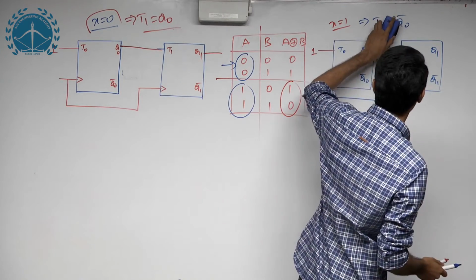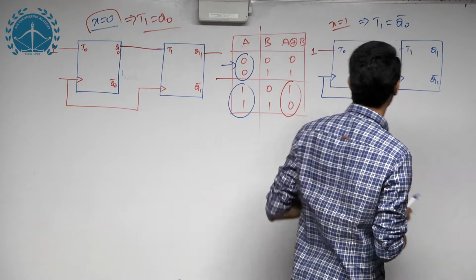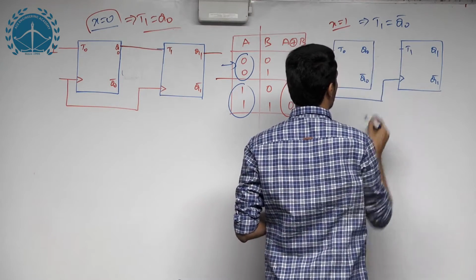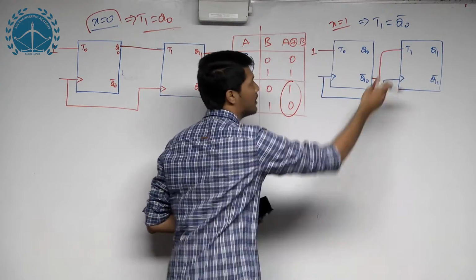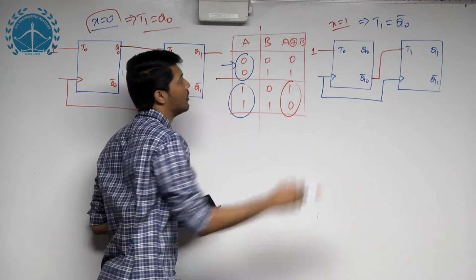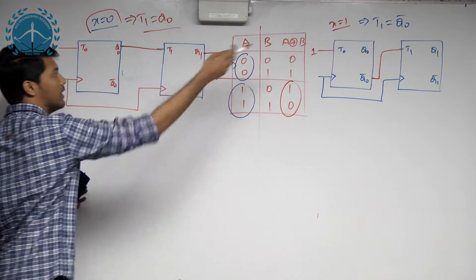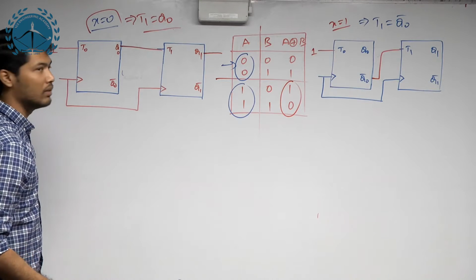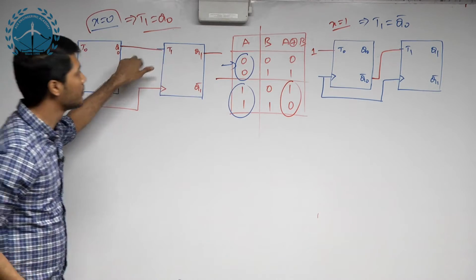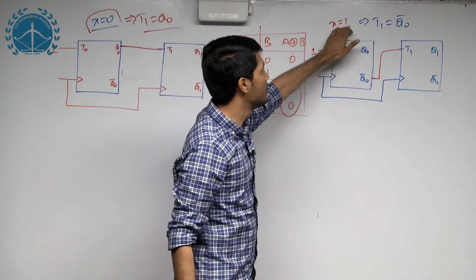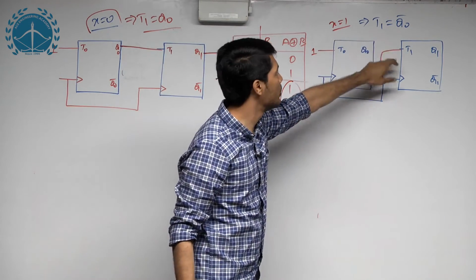So I will replace this one, that is the x equal to 1 case, like this. T1 now is nothing but Q0 bar whenever x is equal to 1. That side it is the x equal to 1 case, here it is the x equal to 0 case. Whenever x is equal to 0, T1 is equal to Q0, and whenever x is equal to 1, T1 is equal to Q0 bar.